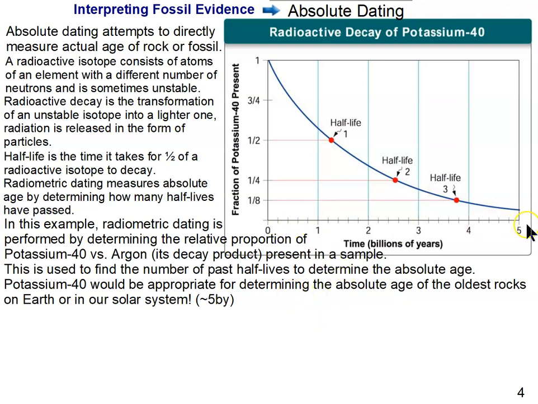So our solar system and the Earth is about 5 billion years old. So potassium-40 is a good one to use if you want to measure the age of a rock, some of the oldest rocks on Earth, or even rocks like a sample from an asteroid or the moon. If you want to find out how old those rocks are, potassium-40 would be a good one, because its half-life is on the order of billions of years.